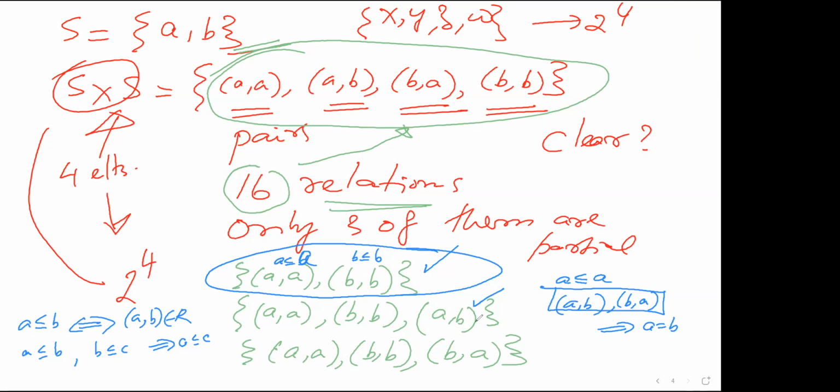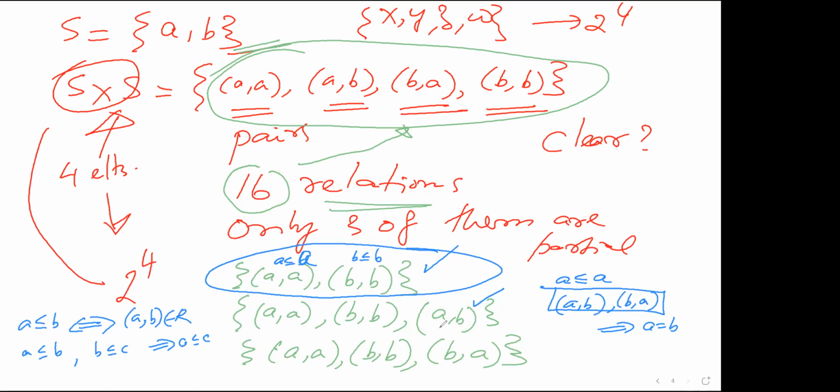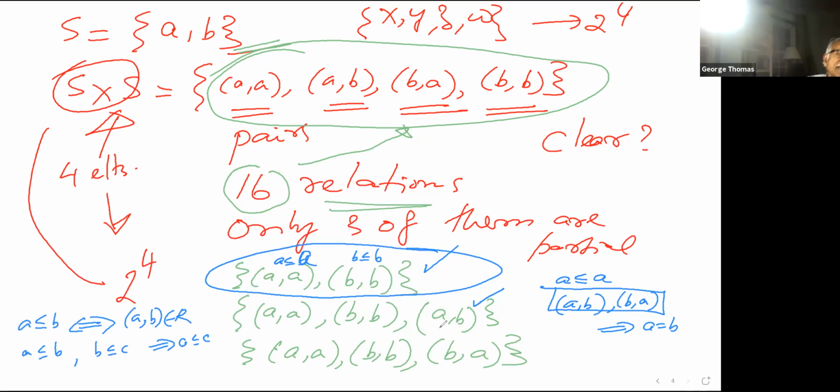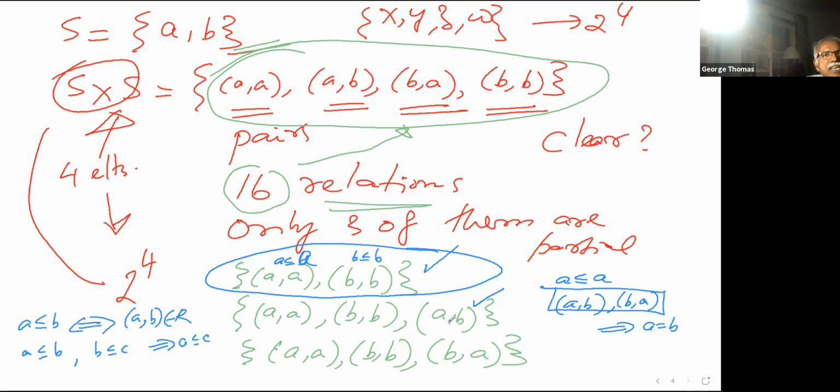No, it is not. So we are okay. If BA was there, then A is equal to B. So it doesn't violate it, right? If AB and BA are both there, then we have to make sure that A equals B.